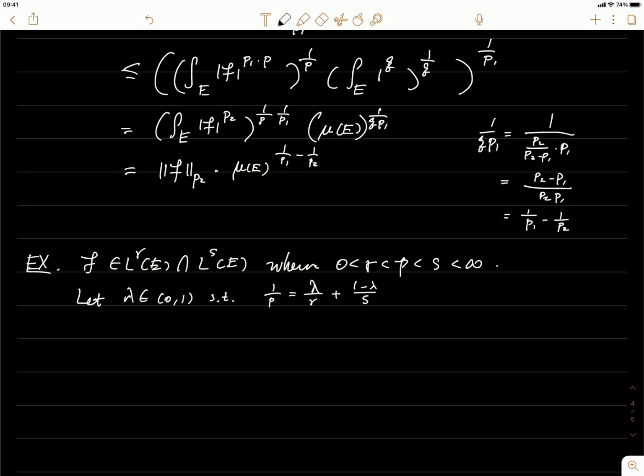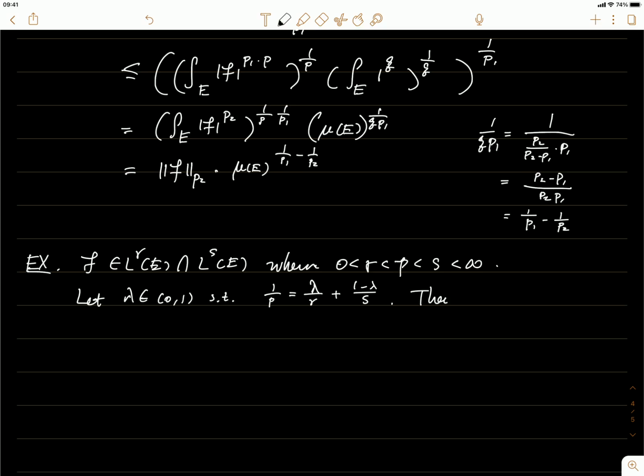So we can find some convex combination of 1 over r and 1 over s to form this 1 over p. So this is how the lambda is. We actually can compute what the lambda is if you like, but we don't really need that. You just need to know that lambda is such that this equality holds.